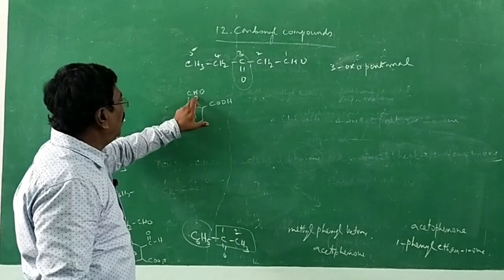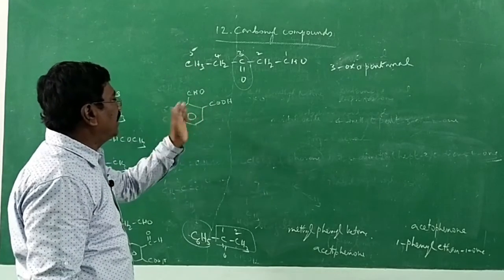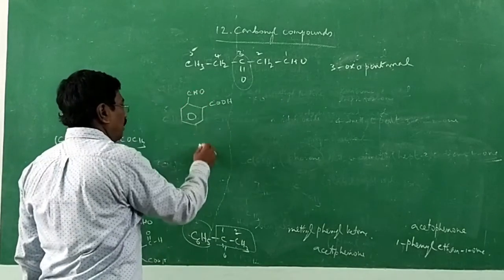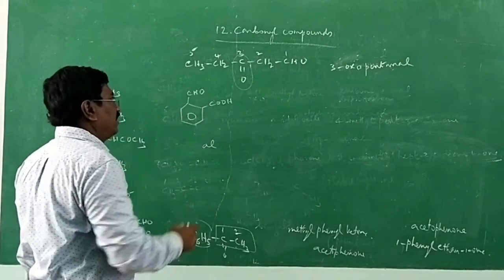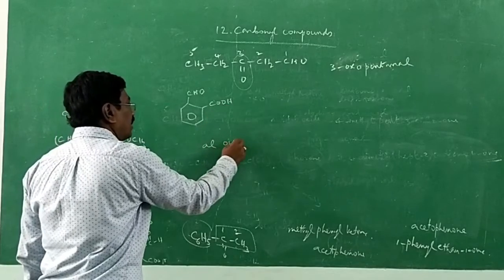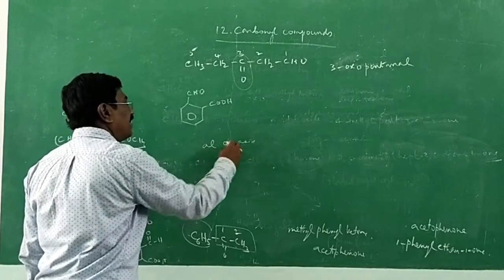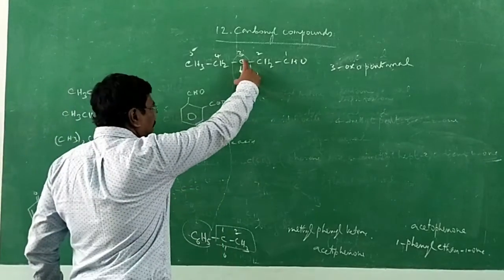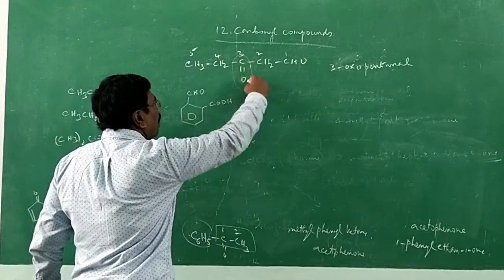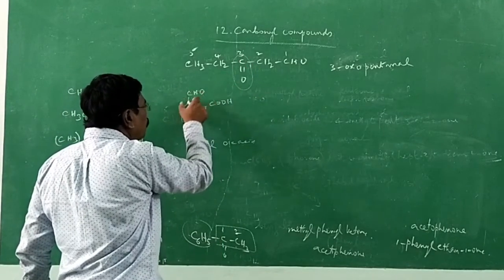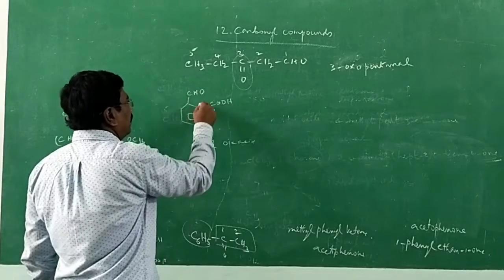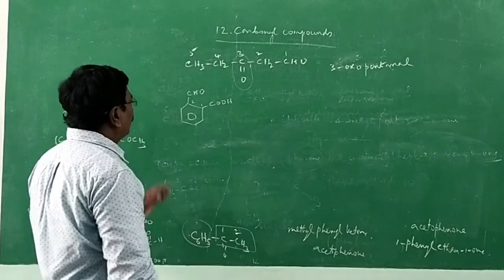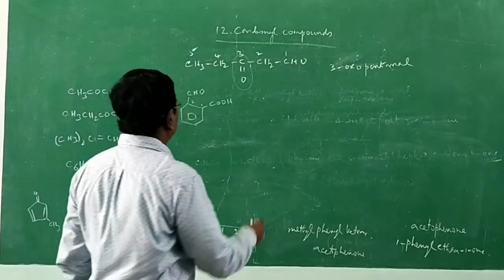Here also, al-ic acid cannot come together. It is an aldehyde, therefore it should end with the suffix al. COOH, therefore it should come with the suffix ic acid. Al-ic acid cannot come. And therefore, just like here the ketone is getting the name oxo, likewise it gets the name formyl as a substituent. 1, 2, at the second carbon atom, the formyl group is substituted, and it is phenyl methanoic acid or benzoic acid.